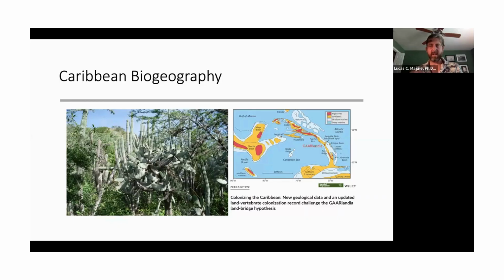We know that the Greater Antilles really started out in what is now the Pacific Ocean. It kind of went under the continent before the Isthmus of Panama was totally sealed, and it ended up in the position it's in at the moment roughly 60 million years ago, something like that.